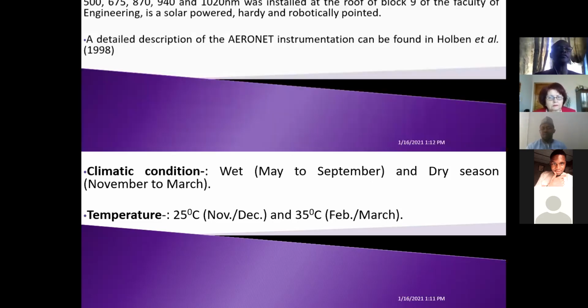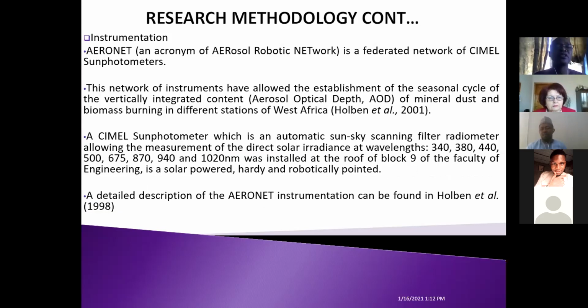Then the instrument used to measure the AOD, that is aerosol optical depth, is called the sun photometer. That sun photometer, which is an automatic sun scanning filter radiometer, allows the measurement of direct solar radiation at these various wavelengths: 340, 380, 500, 675, 875, 940, and 1020 nanometer.